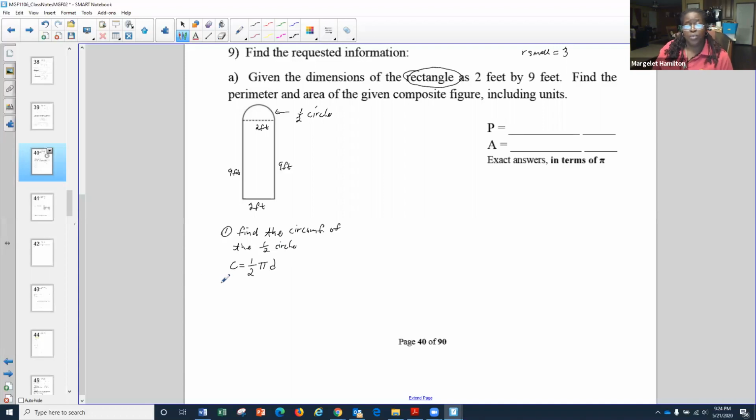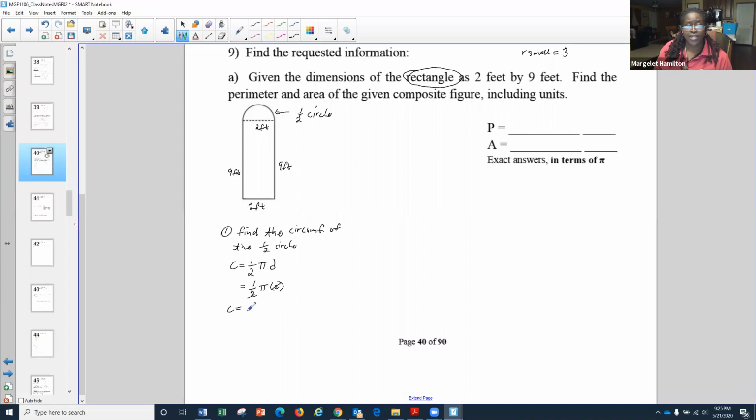So now I'm ready to plug it in and find it out. So we have 1/2 pi. My diameter is 2. So now we find out the circumference. The 2's cancel, don't they? Look at that.